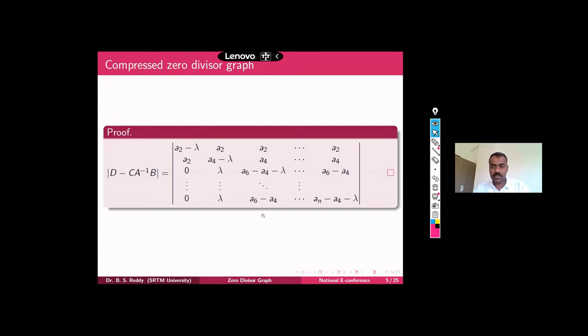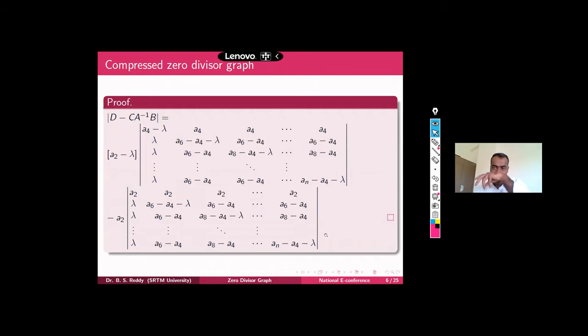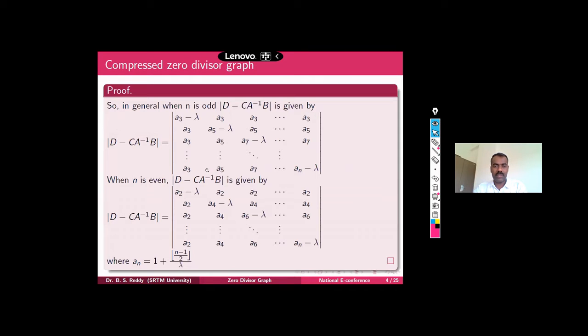And of course, one can expand this determinant using the first column. Once you expand this determinant using the first column, you get A2 minus lambda into one determinant, then minus A2 into another determinant, right? What I would like to say here is that this one just resembles the previous one: A4 minus lambda, then A6. If you go back here, it is just like this.